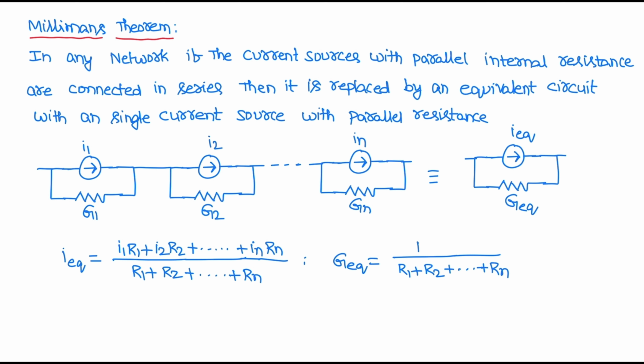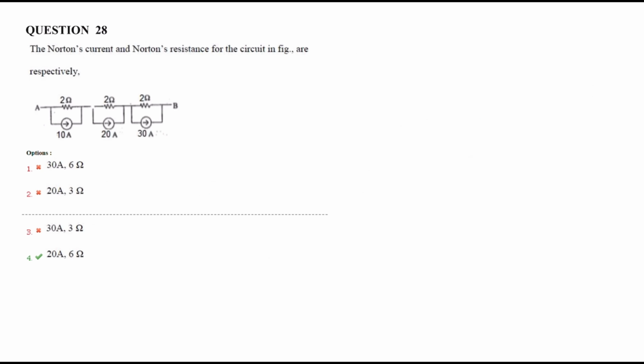Similarly, G equivalent is 1 by R1 plus R2 plus R3 and so on up to Rn. Now using Millman's theorem for the current sources with series internal resistances, we will solve this question. So here resistance R1 is 20 and the current I1 is 10 ampere. Resistance R2 is 2 ohm.